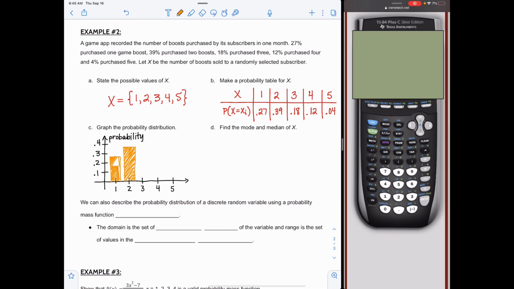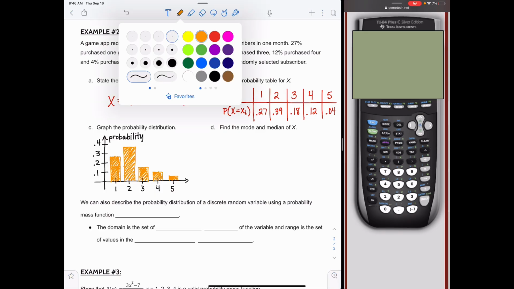Sorry. 0.18 for 3 boosts is going to be here. And then we have 0.12 for 4 boosts, which is about here. And then we have 0.04, which is a little bit below half, so that'll be about right here. If you have graph paper, it'll be more accurate, but you all get the drift.